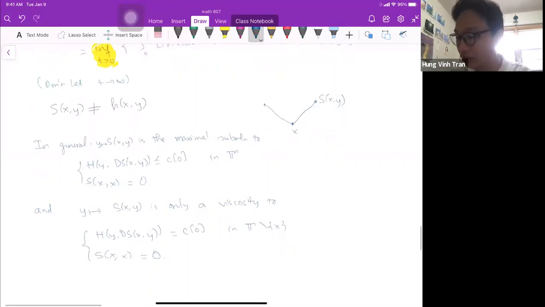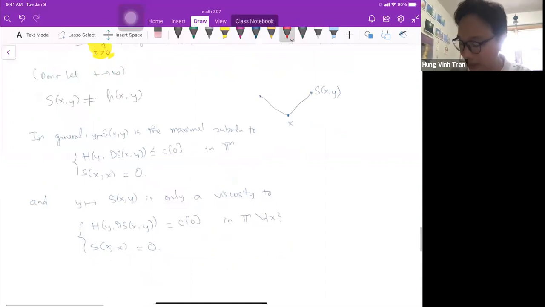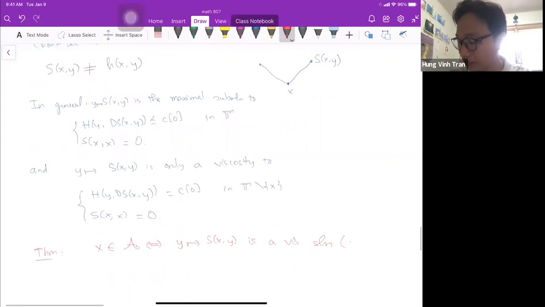However, there's a deep result. I don't know if I have time to come to that. There's a very deep characterization in PDE, which is a theorem; it might take me a few days to prove it. It is that x is in the Aubry set if and only if y maps to S of x, y is a viscosity solution, or a weak KAM solution, to the equation in the whole torus.